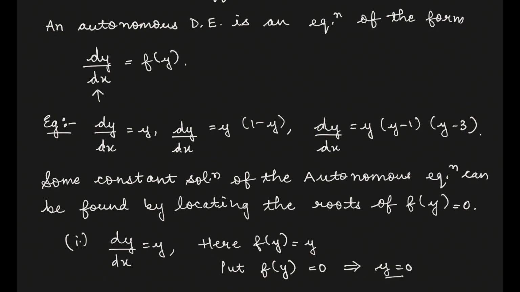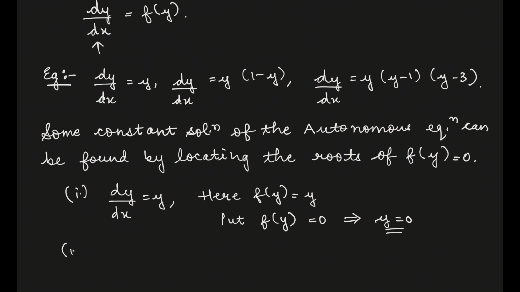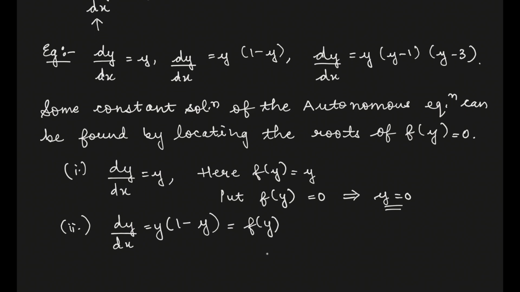So, y equal to 0 is a constant solution of this autonomous equation. Second example, dy by dx equal to y(1 minus y). Here this is f(y). So here what will be the constant solutions? Please tell.